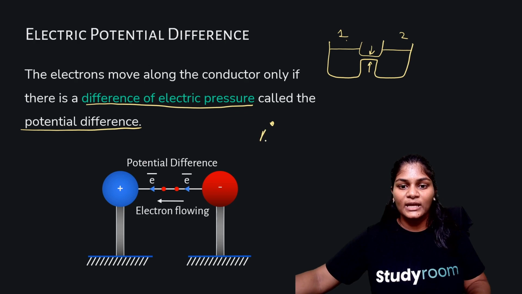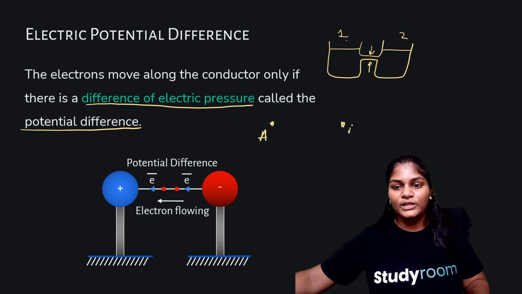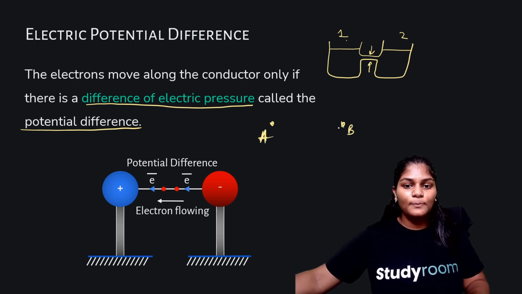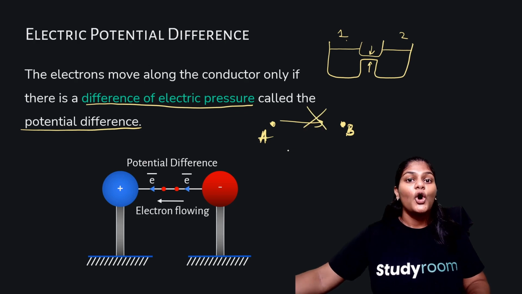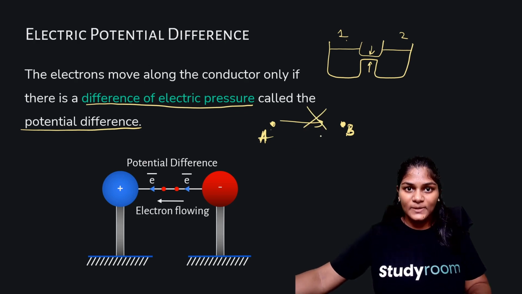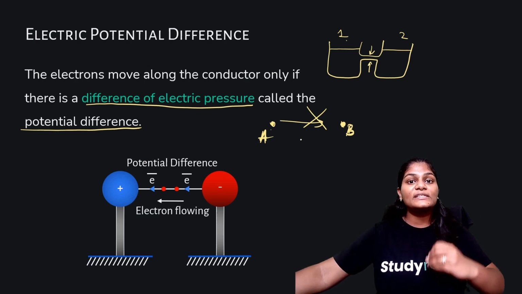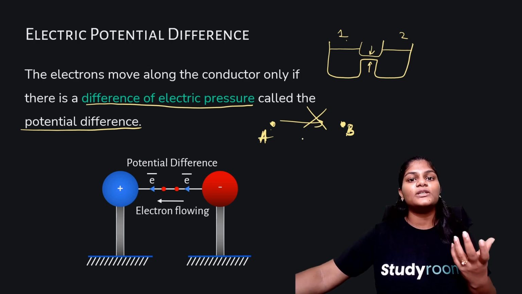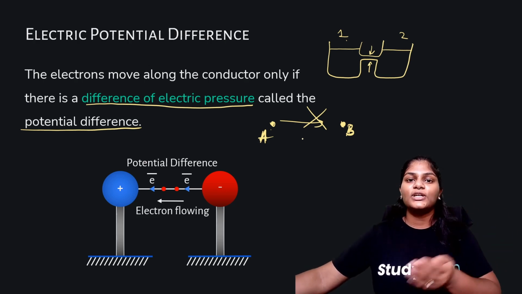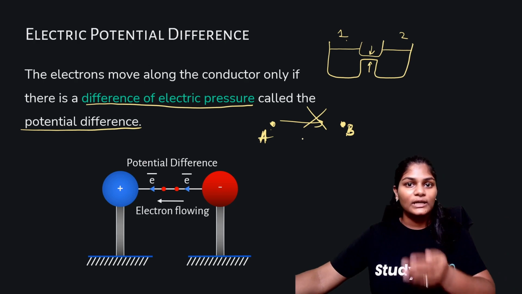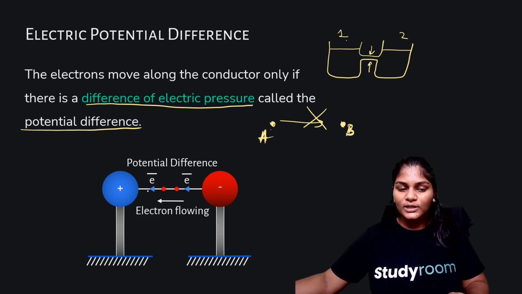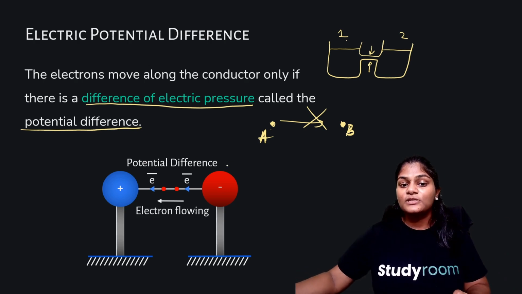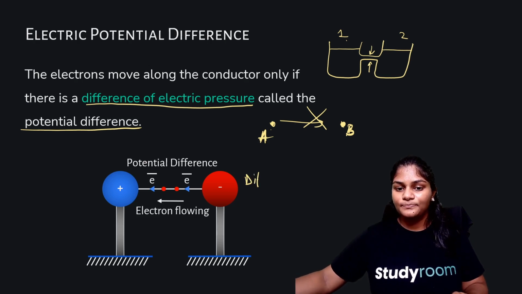So, if this is point A and this is point B, and they do not have a difference in electric pressure, current will not flow. Only if there is a potential difference between these two points will electric charge, and therefore electric current, flow. Okay. So here you can see that the potential difference is because of the difference in charges.